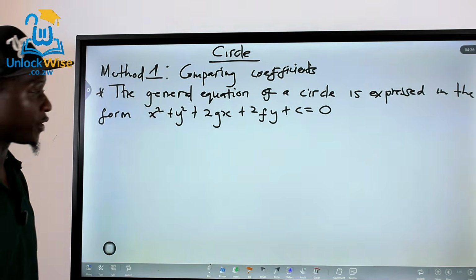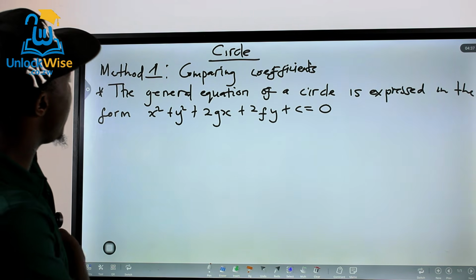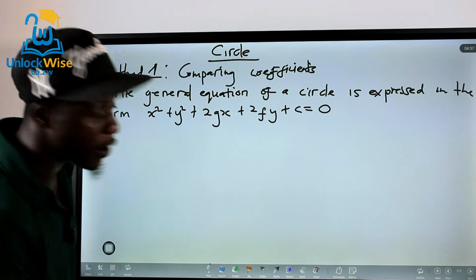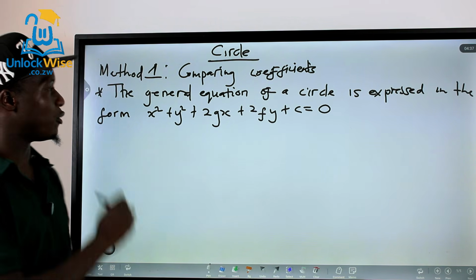That's the general equation of the circle.